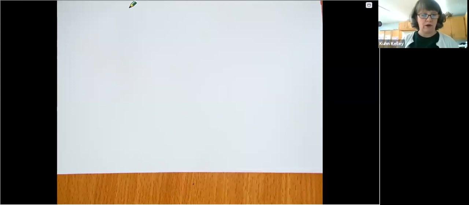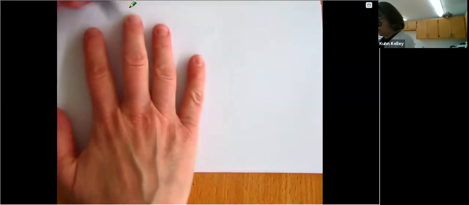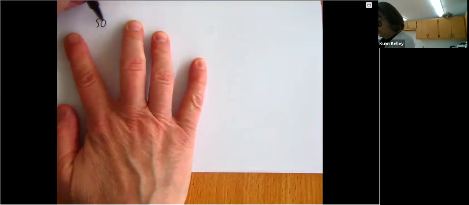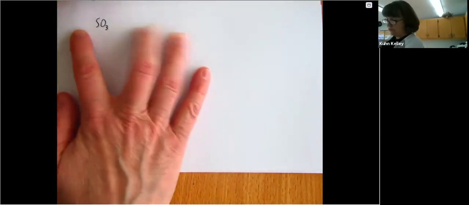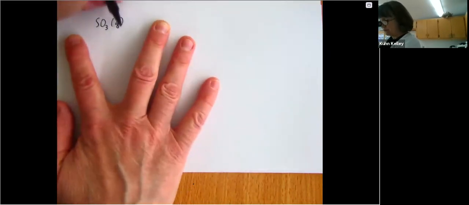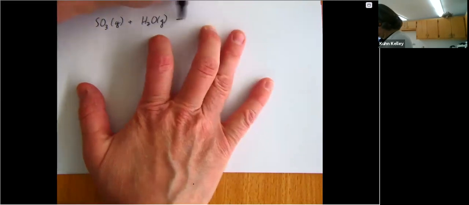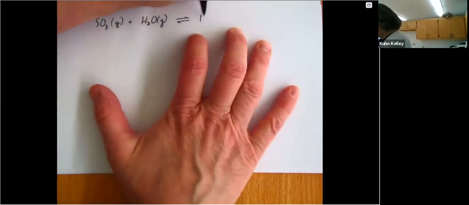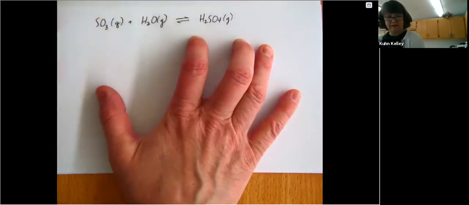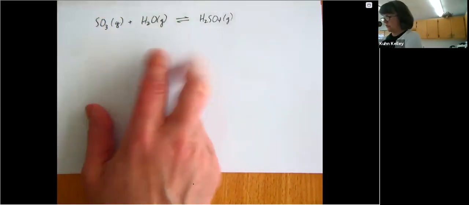So on the first problem, you'll notice that we're starting with this equation: sulfur trioxide plus water is in equilibrium with sulfuric acid. These are all gases, well, actually this one is aqueous, sorry.